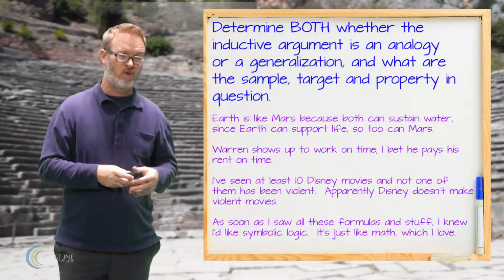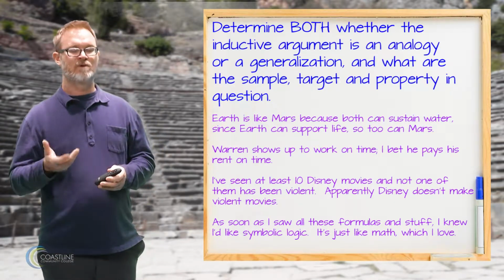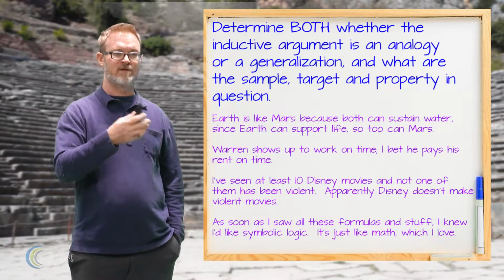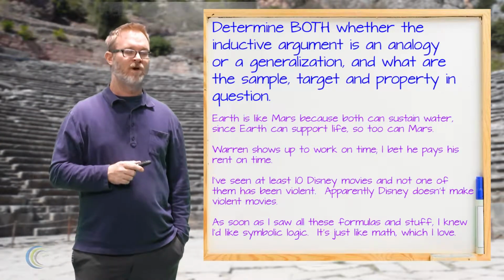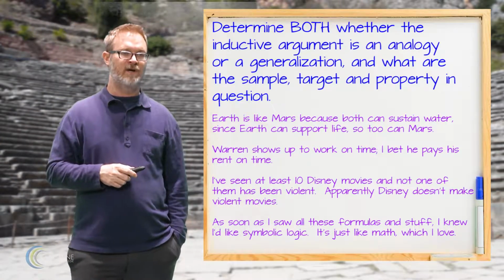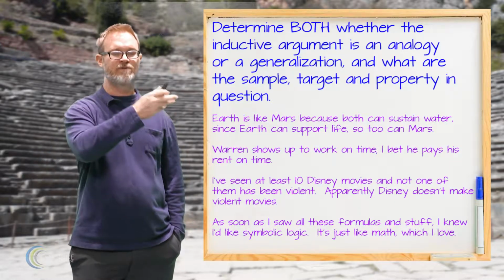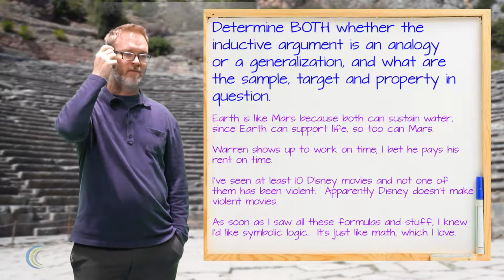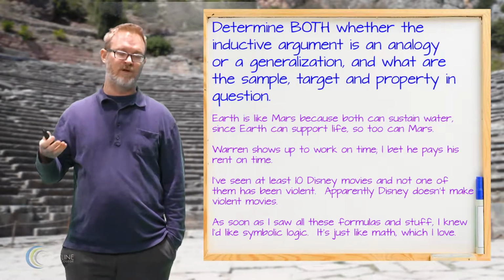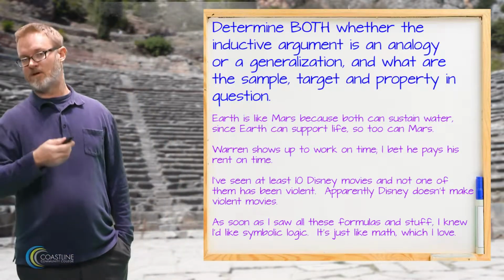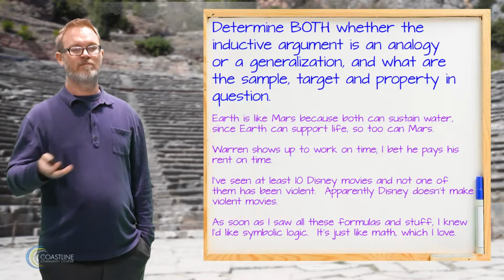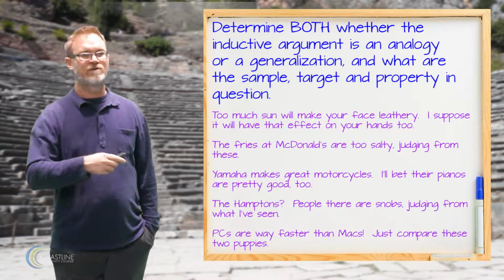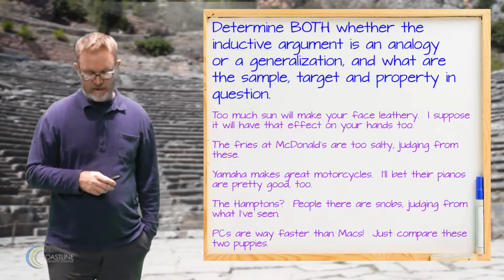So we have just one item as a target, and so we have an analogy. The property in question here is like loving it. So the argument goes that because you love math, you're going to love symbolic logic. So your sample is math, your target symbolic logic, and your property in question is loving it.